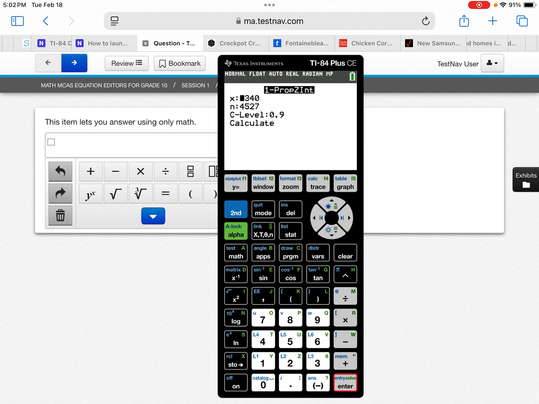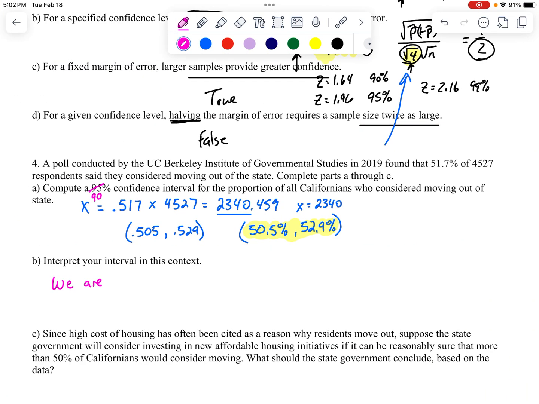Stat, go to test, excuse me. We're going to arrow down. And yes, we did 90% confidence. So that answer there is from 90% confidence. So we are 90% confident the true proportion of Californians considering moving out.